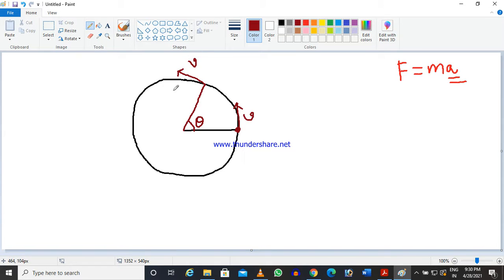Now we will try to split this velocity along the vertical and the horizontal axis. So this is your horizontal axis and this is your vertical axis. Now you see, if this is theta, then that is theta.